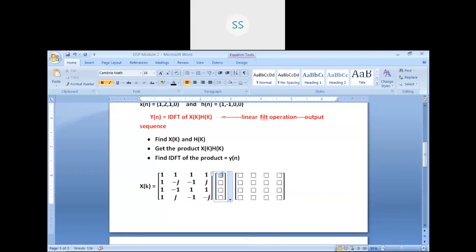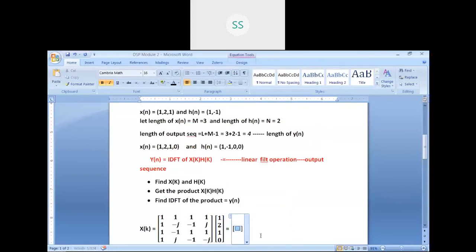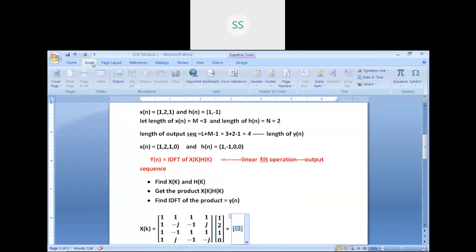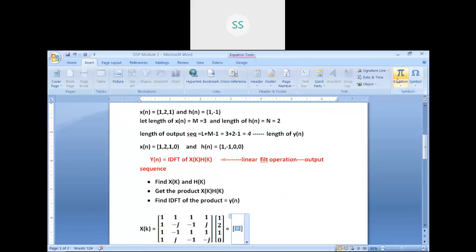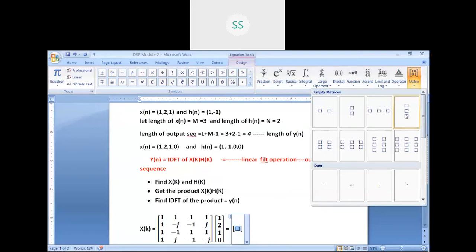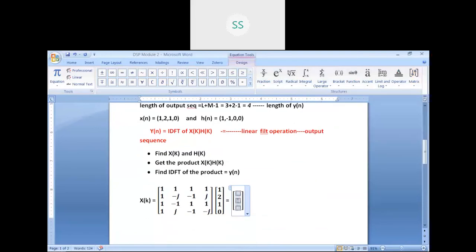The sequence we are using is 1 2 1 0, so that is our input. Now generate the result here. Please tell me the result.